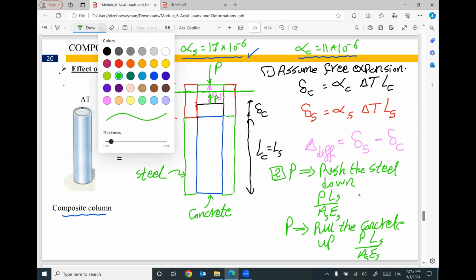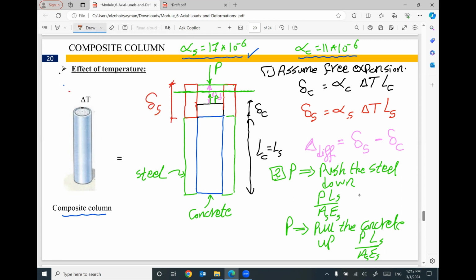Keep in your mind, this force P is the same as this force P, but this one is for steel and this one for concrete.